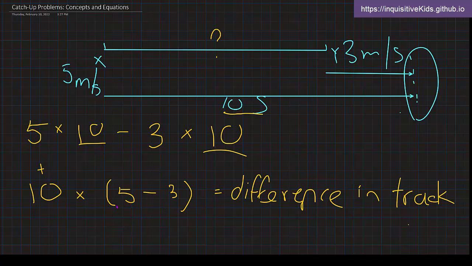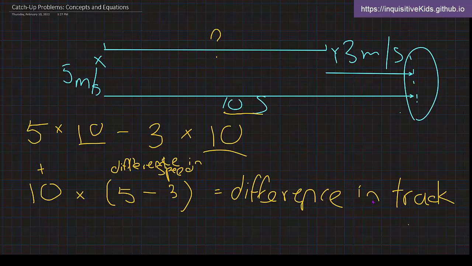Now, this is the speed, but not just any speed, their difference in speed. 5 is X's speed, while 3 is Y's speed. So this is their difference in speed. So their time times their difference in speed is equal to the difference in track. Please take a moment to memorize that equation.